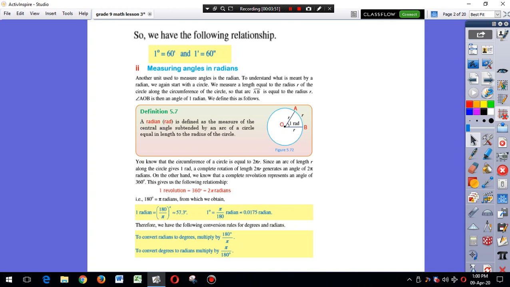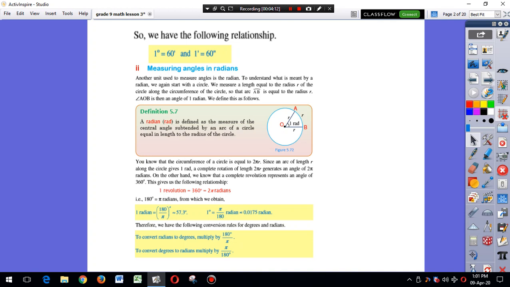On the other hand, we know that the complete revolution represents an angle of 360 degrees. This gives us the following relationships. One revolution is equal to 360 degrees, and again it is the same as 2 pi radians.